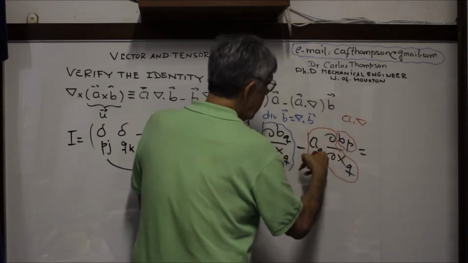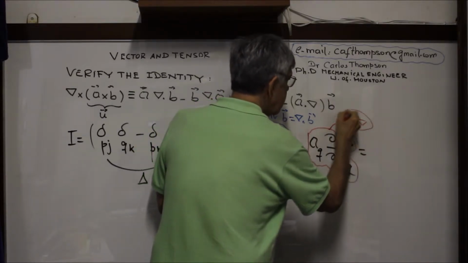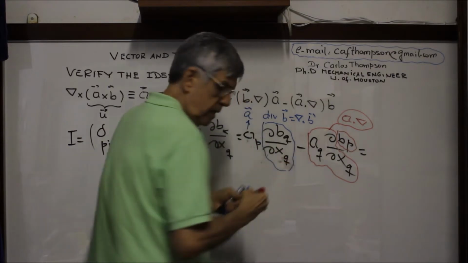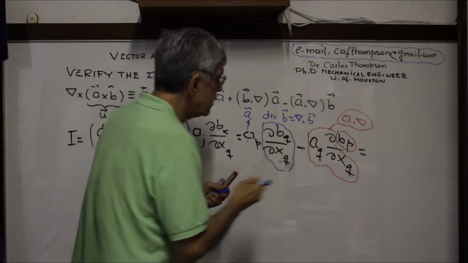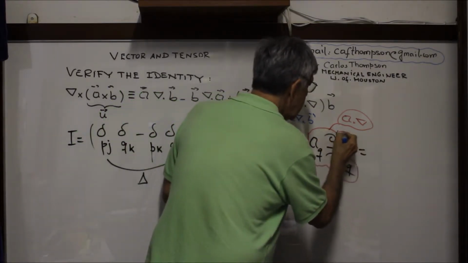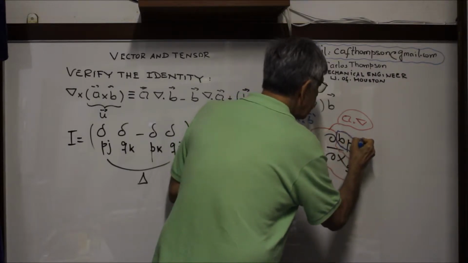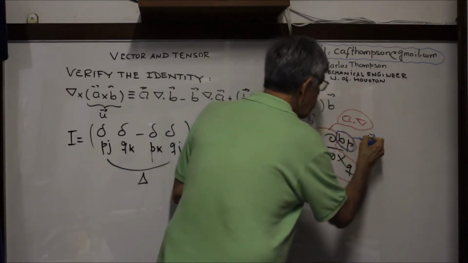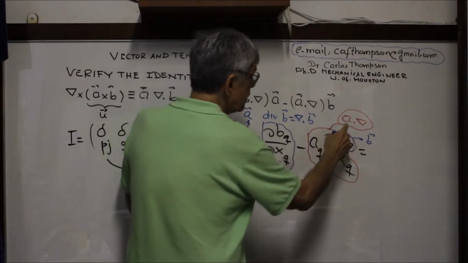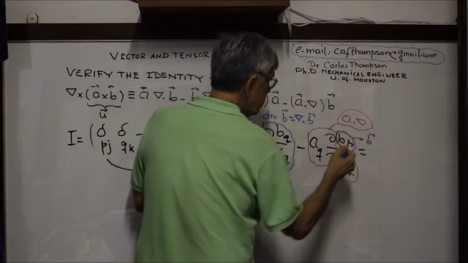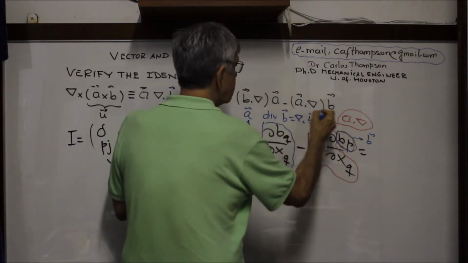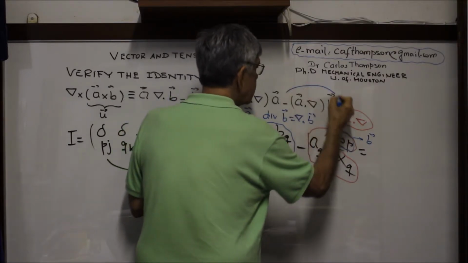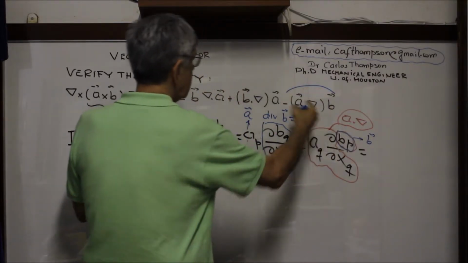This is a dot nabla. Now b p, I'll put the blue one over here. You see, b p is a vector b. So this is a dot nabla on b. It's over here. See this term over here.